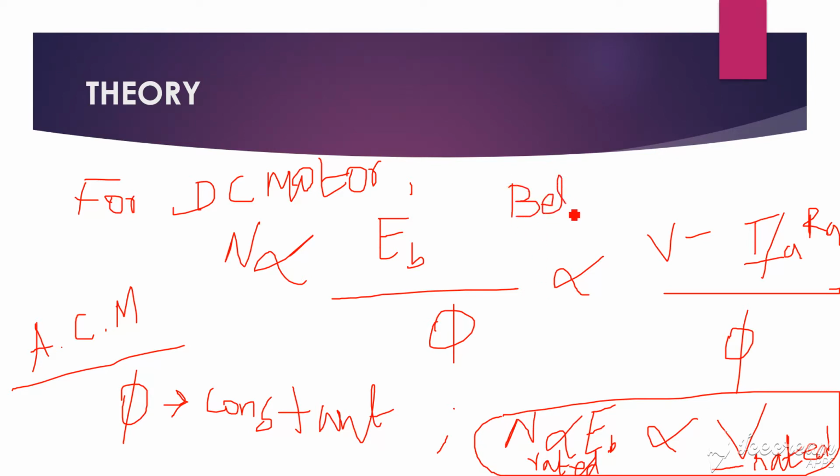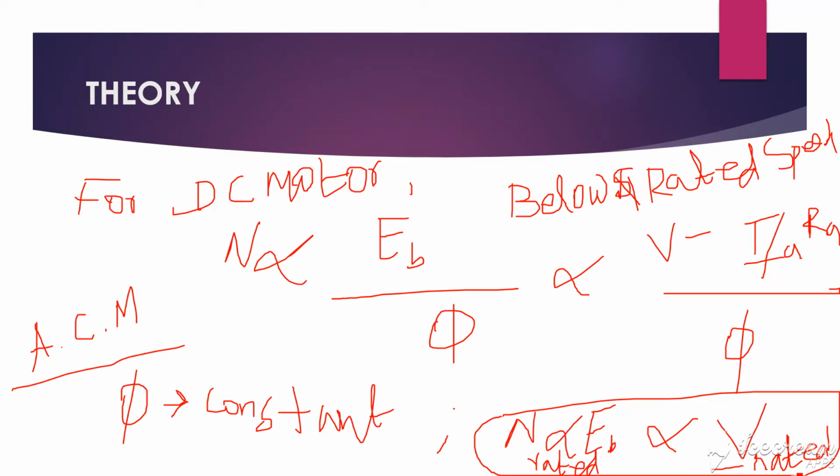In the experiment, if they ask about speed control below rated speed, we need to write armature control method. The reason is this: with rated voltage and some field, we bring the motor to rated speed.